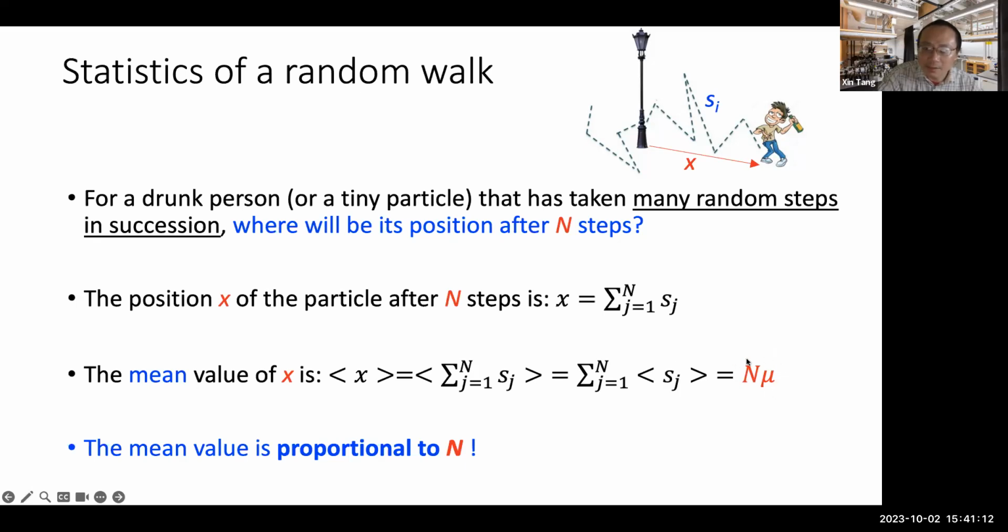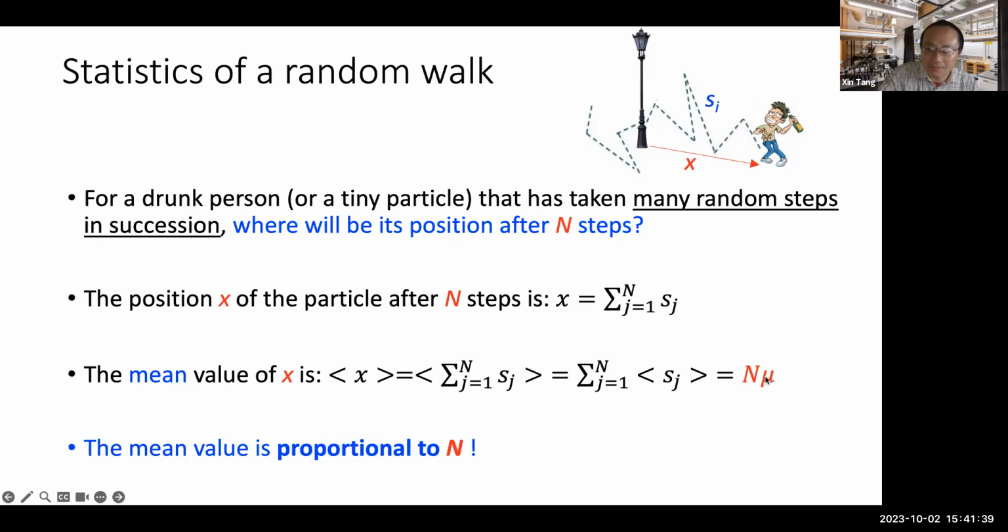What does this mean? This means the mean value of x, where x consists of a series of s and each s has the mean mu, a series meaning n numbers, equals the step number times the mean of each step.